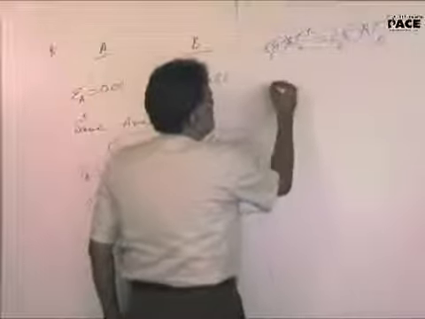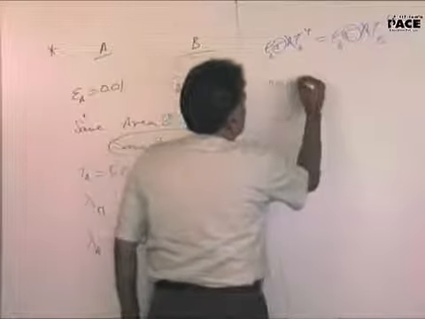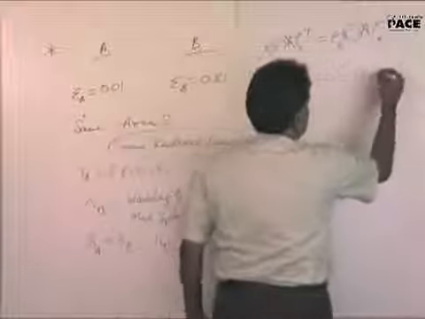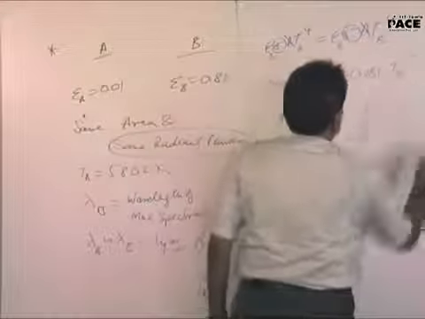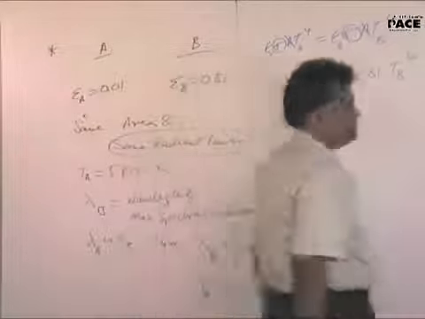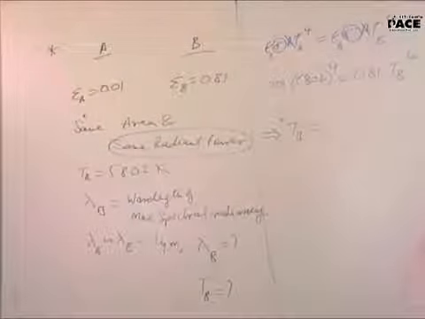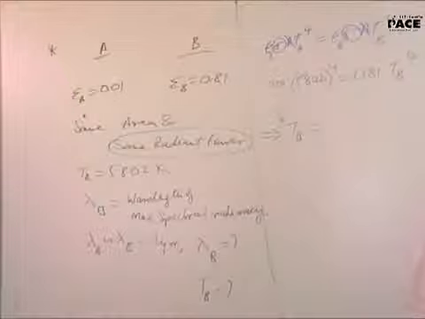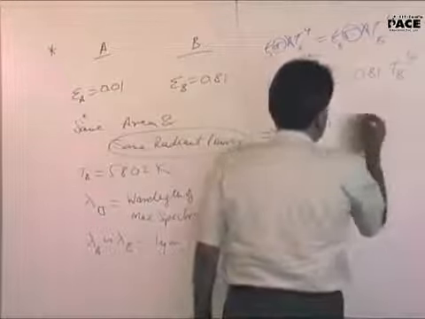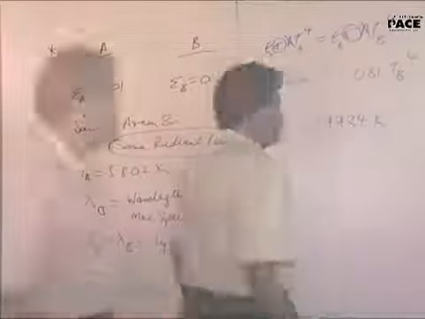So what you basically get is 0.01 times 5802 power 4 equals 0.81 times TB power 4. Can you calculate TB from here? How much are we getting? 1934 Kelvin. That's right. 1934 Kelvin.